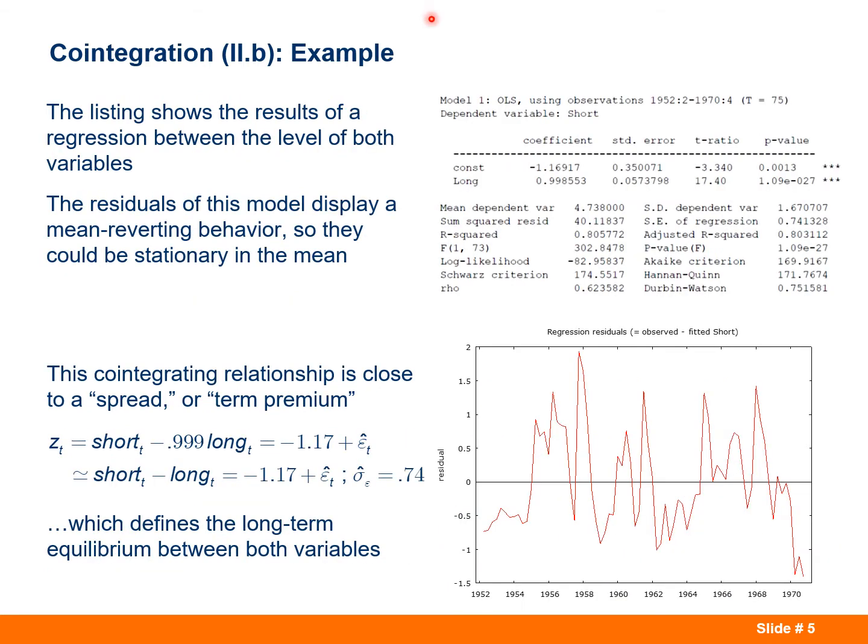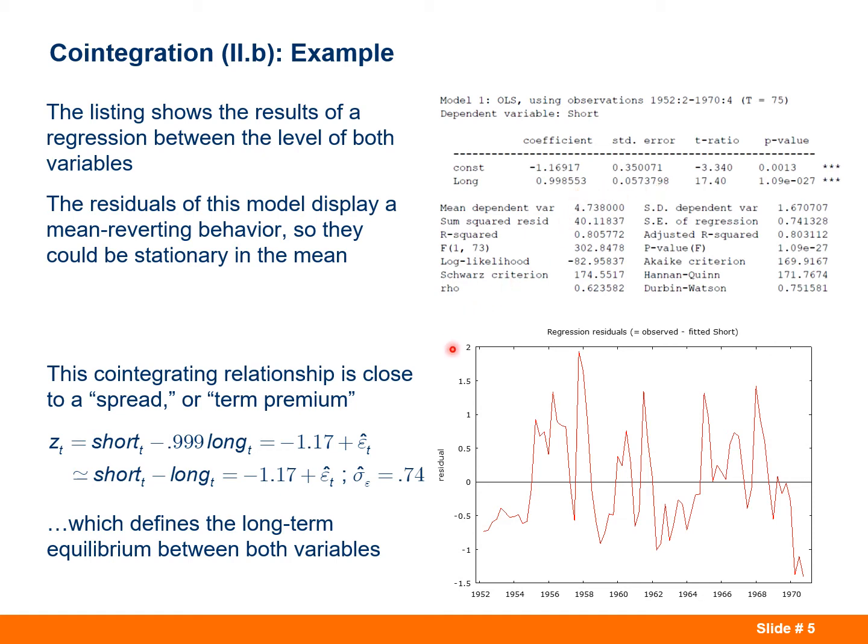In this listing, we see the results of a regression between short as endogenous variable explained by long. So it is the same as the previous regression, but we are not differencing the variables. We see that the coefficient of this regression is large, significant, and close to 1, as in the previous case.